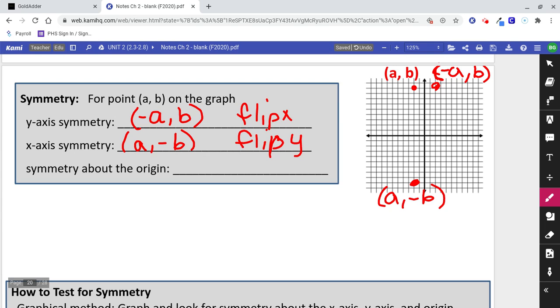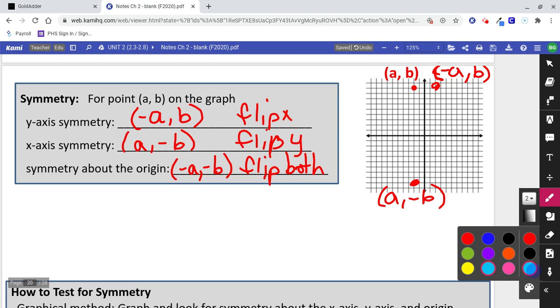It may or may not be a negative number. If you have symmetry about the origin, you flip both. So we have opposite a, opposite b. We're flipping both. And that's going to put us down, I'm going to change colors, down here. I'm out of room. Opposite a, opposite b.